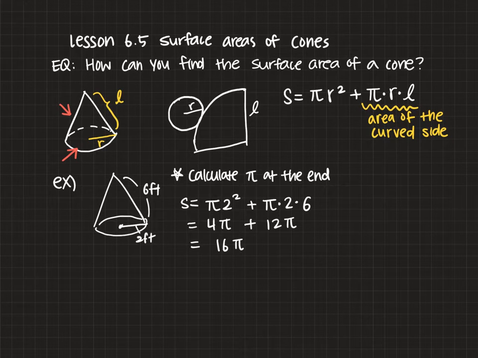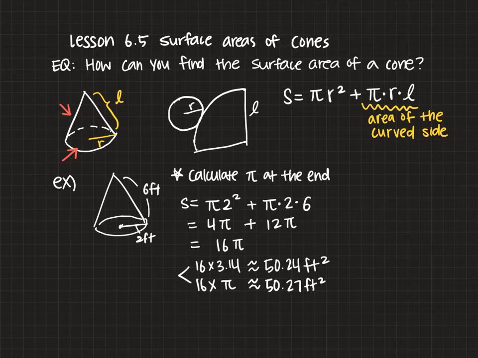Now once you have 16 pi, you're going to either use 3.14 or the pi symbol to calculate your answer. So for 16 pi, if I use 3.14, you're going to end up with 50.24. And if you're using the pi symbol, it's going to be quite a similar answer.